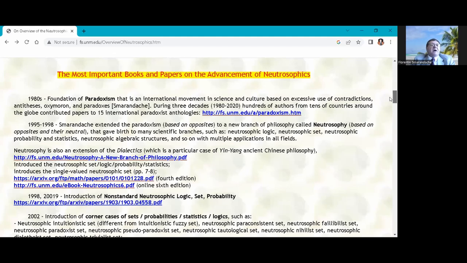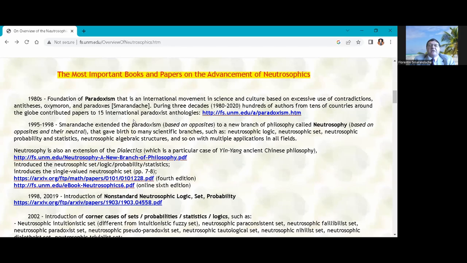Neutrosophy started from paradoxes. Since the 1980s, I was attracted by opposite ideas and how we can deal with them.